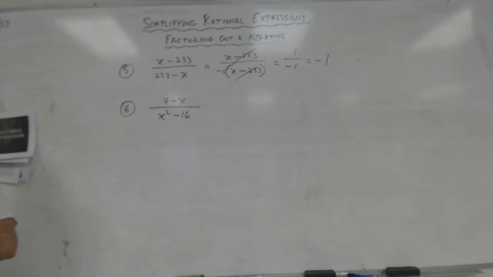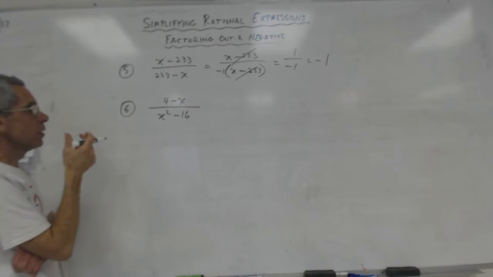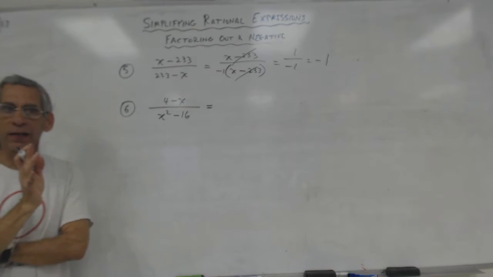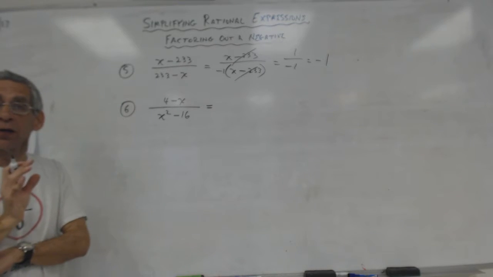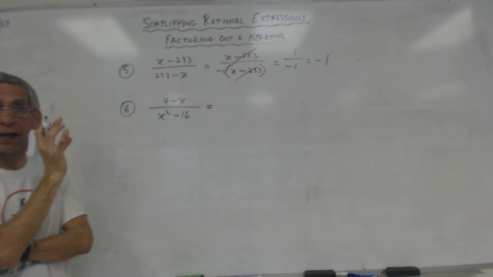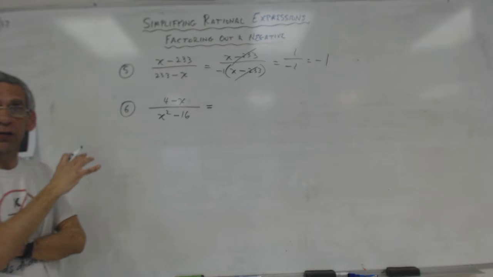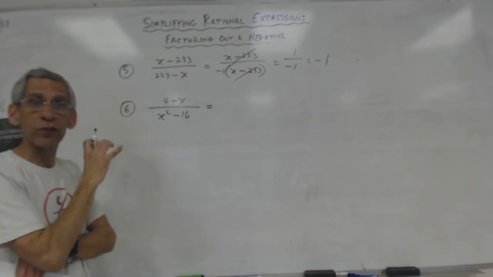So now we got to use what we used last night, the idea that we try to factor the numerator first if we can. If we can't, then we try to factor the denominator, all separate from each other. We don't look at them both at the same time. We just look at one at a time.